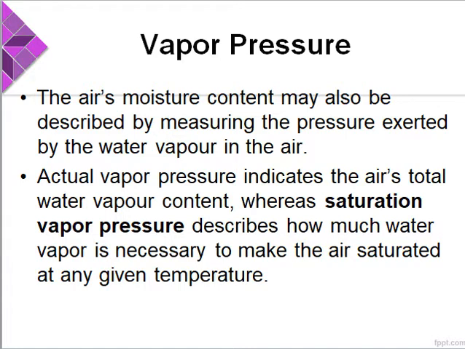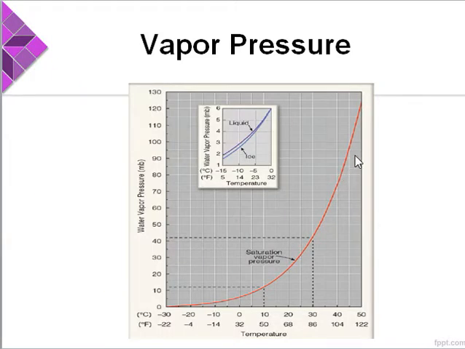Actual vapor pressure indicates the air's total water vapor content, whereas saturation vapor pressure describes how much water vapor is necessary to make the air saturated at any given temperature. Now, in this illustration, the saturation vapor pressure increases with increasing temperature.